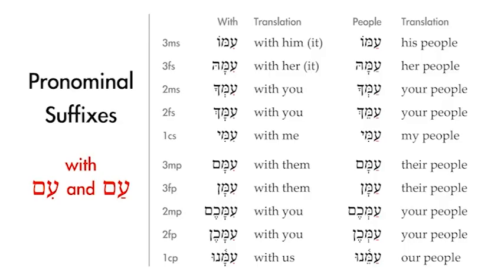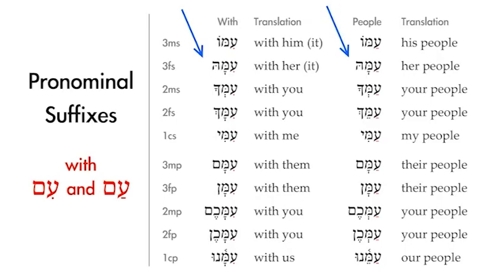Finally, we want to briefly consider pronominal suffixes with the preposition im and the noun am, both having the same consonantal spelling but vocalized differently: the preposition im with hireq and the noun am with patach. In the left column, we have the preposition im with the full set of pronominal suffixes, and you'll observe that in every form there's a dagesh forte in the mem of the preposition, and the vowel under the ayin is hireq, meaning with.